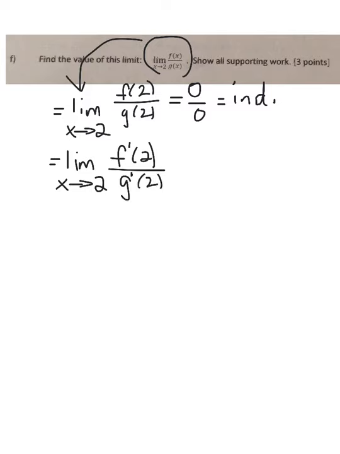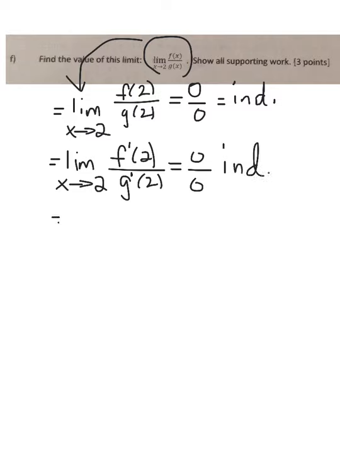Well, I don't have the picture in front of me, but look at the picture of f prime. Go to where x equals 2, and do you see that it hits the x-axis? So that means f prime of 2 is 0. Now you have the chart, so look at the chart, find g prime of 2, and you'll see it's 0. Well, womp womp, we've got indeterminate again.